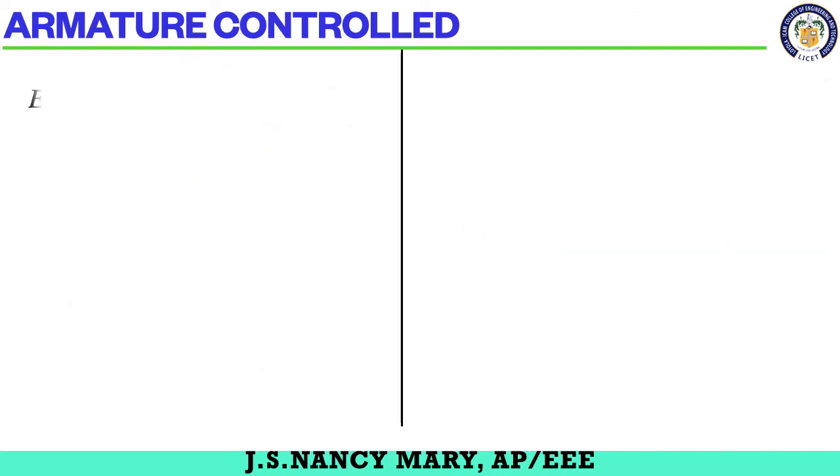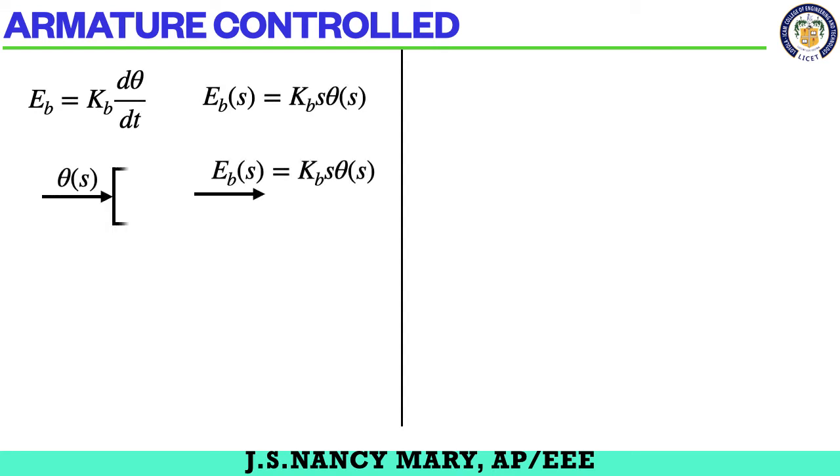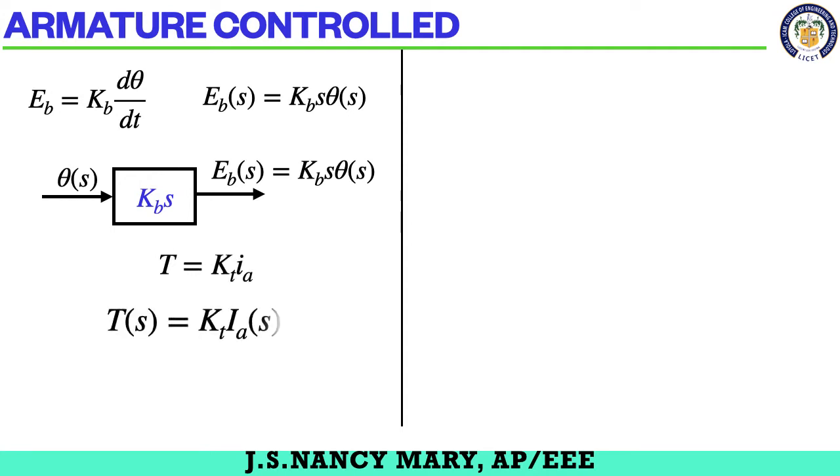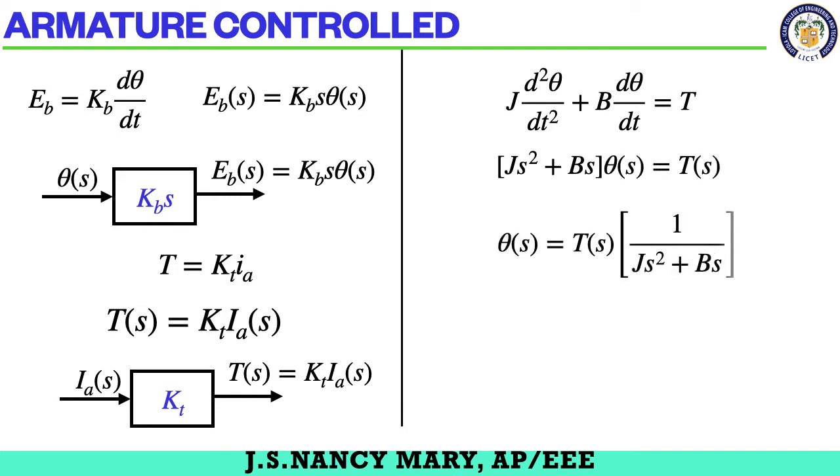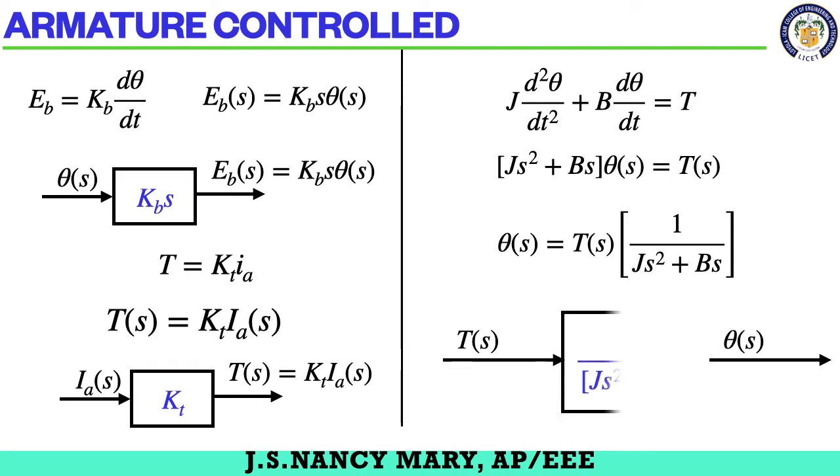Next, Eb equals Kb into d theta by dt, so theta into Kb s gives me Eb of s. Also you know that T of s equals Kt into Ia of s, and T of s into the transfer function gives you theta of s.